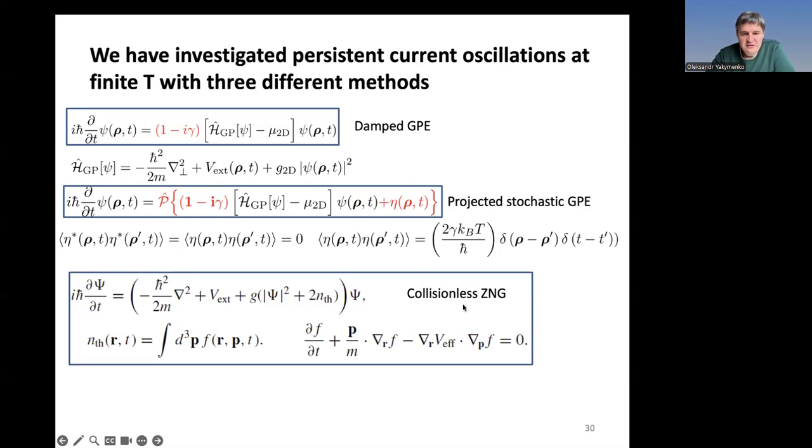And also the so-called Zaremba-Nikuni-Griffin model, which accounts for the interaction of the condensate with thermal atoms. And the thermal atoms are described by the Boltzmann equation in the case of equilibrium state. The Boltzmann equation is just the Bose-Einstein distribution, and you can calculate the density of the condensate and thermal atoms simultaneously if you assume that these are in equilibrium state.